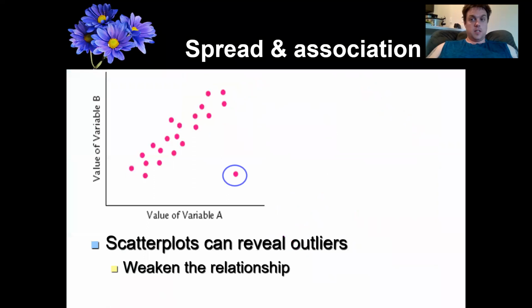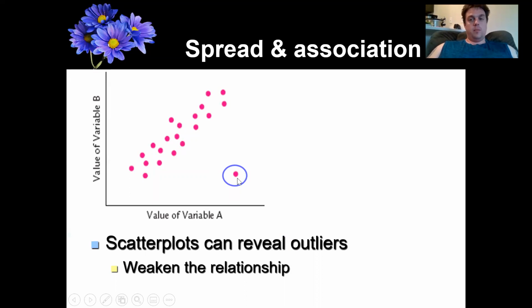This, by the way, plotting a scatter plot can be useful because it can reveal outliers. So oftentimes, not just with mean measures and stuff like that, even looking at correlations, sometimes you have an outlier. So here we have a pretty strong correlation. As A is going up, B is also going up in a very similar fashion.